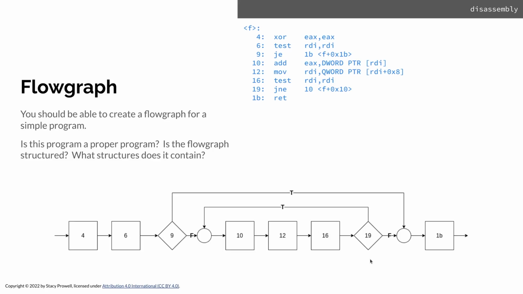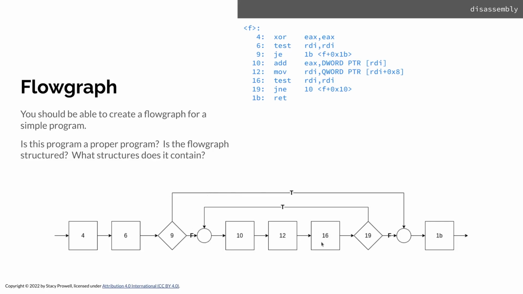As an aside, this is a proper program. There's a single entry over here, a single exit over here, and there's no unreachable or trap code. And in addition, it's a nicely structured program. Here inside we have a sequence 10, 12, 16. That sequence is buried inside a do while loop, right?